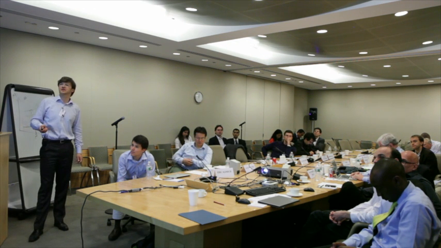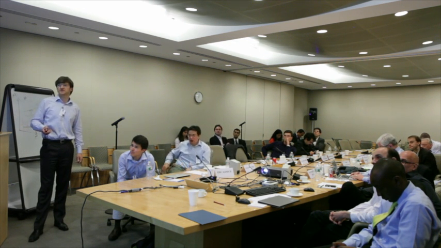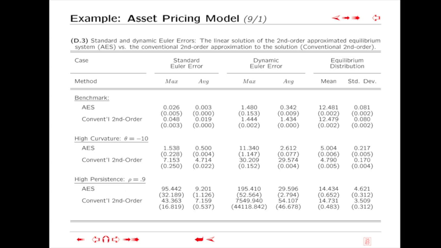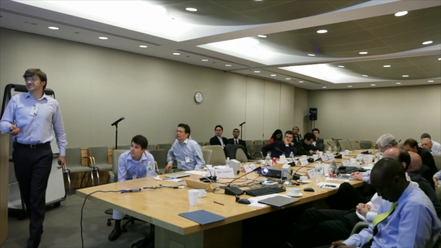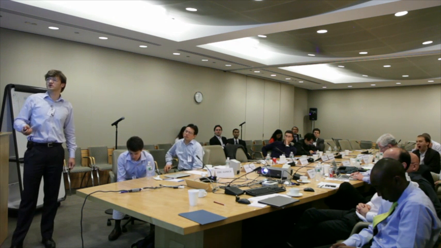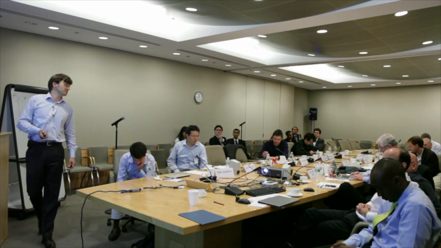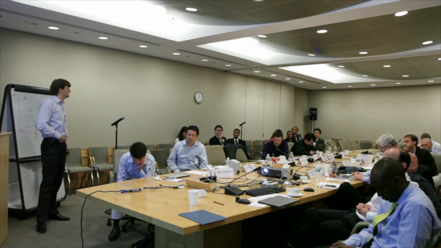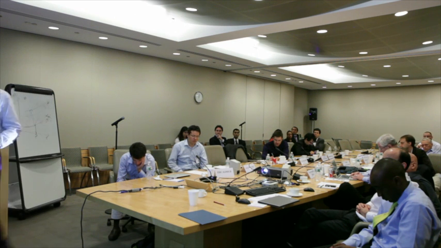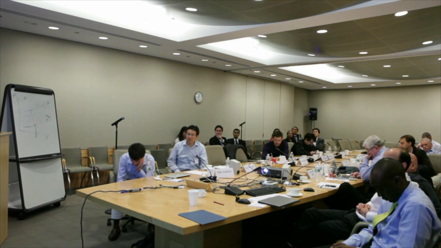For the benchmark case, high curvature, it's fine, but for high persistence, the max and the average Euler error are larger for my approach than for the conventional second order. So in this case, for high persistence of the shocks, if the system is far away from the steady state about which I take the linear solution, then the Euler error becomes larger, and this matters. Nevertheless, what I'm after is picking up the linear slope.